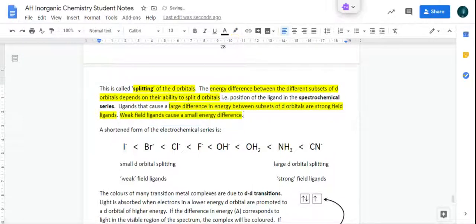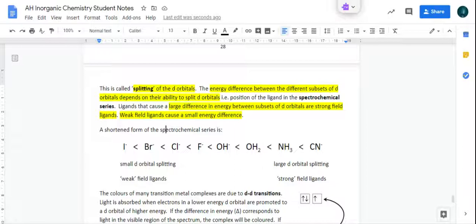Sorry, that should not say the electrochemical series, that should say spectrochemical series. You are not expected to memorize the spectrochemical series. You are sometimes given parts of it, but you should understand that it exists, and that different ligands have different field strengths and can split the d orbitals to different extents.